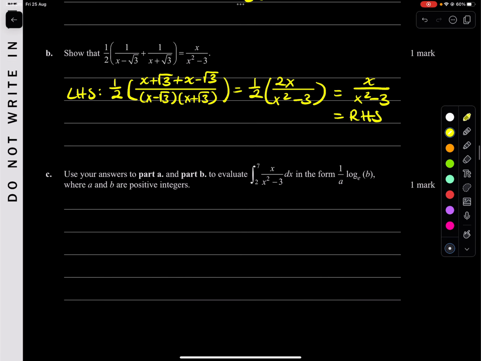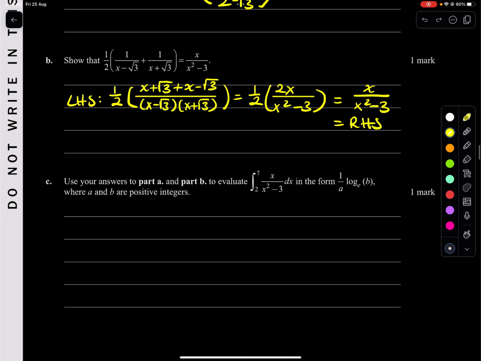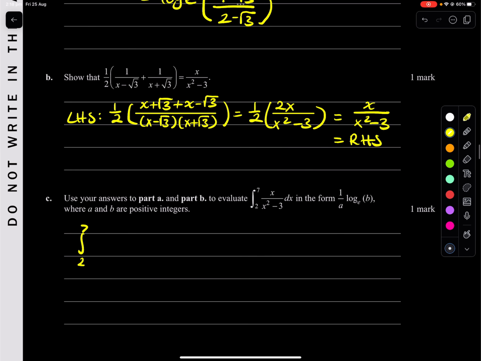Okay. Well, because we know this inside is equal to this, let's do that. So we're saying that from 2 to 7, and let's take the half outside, of 1 over x minus root 3 plus 1 over x plus root 3 dx.